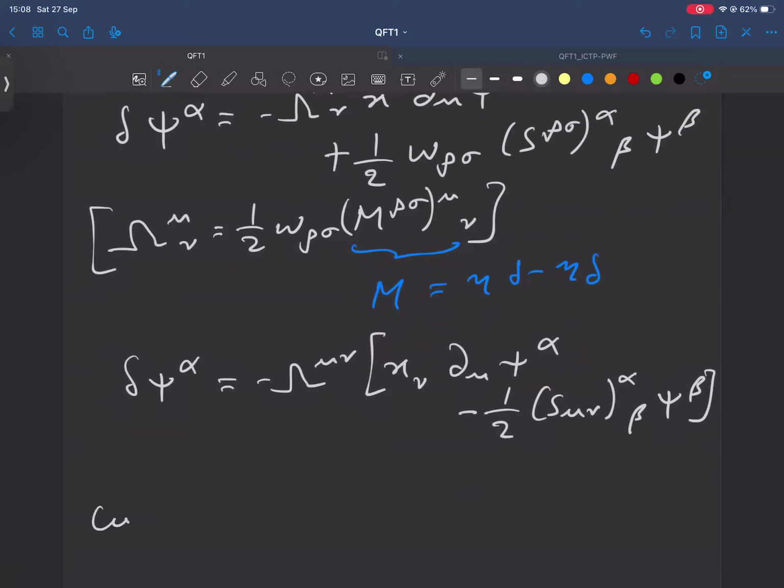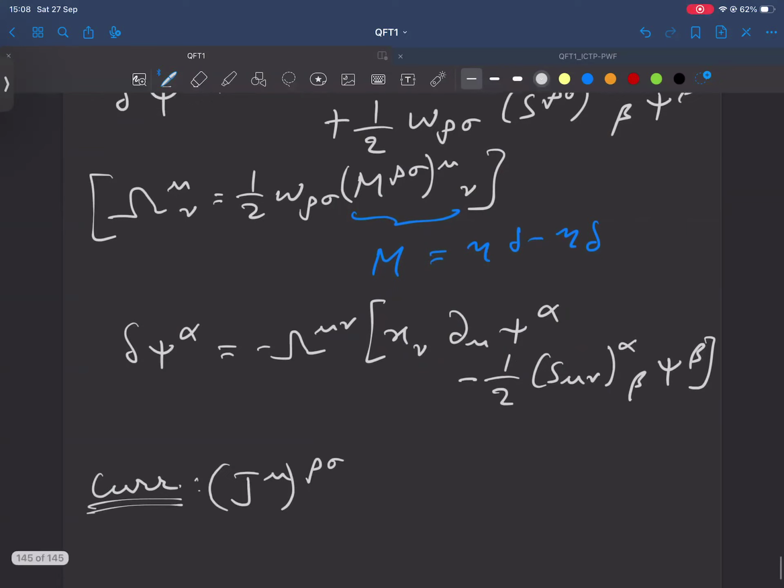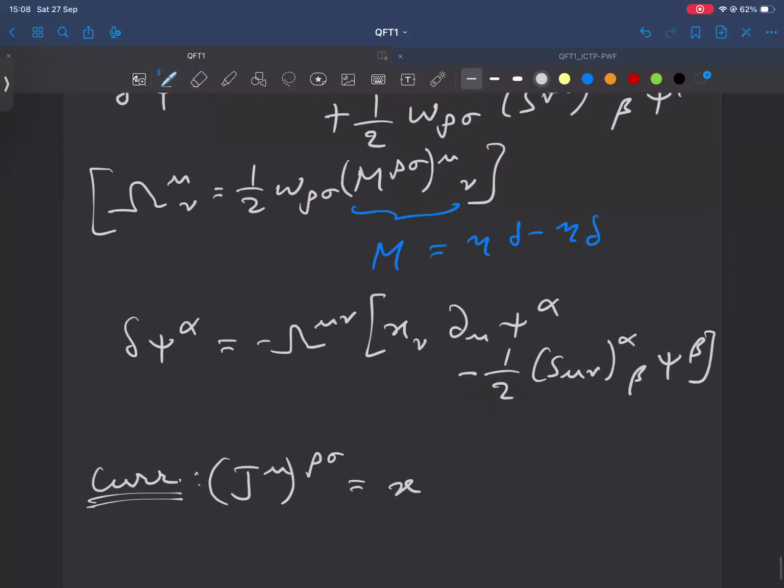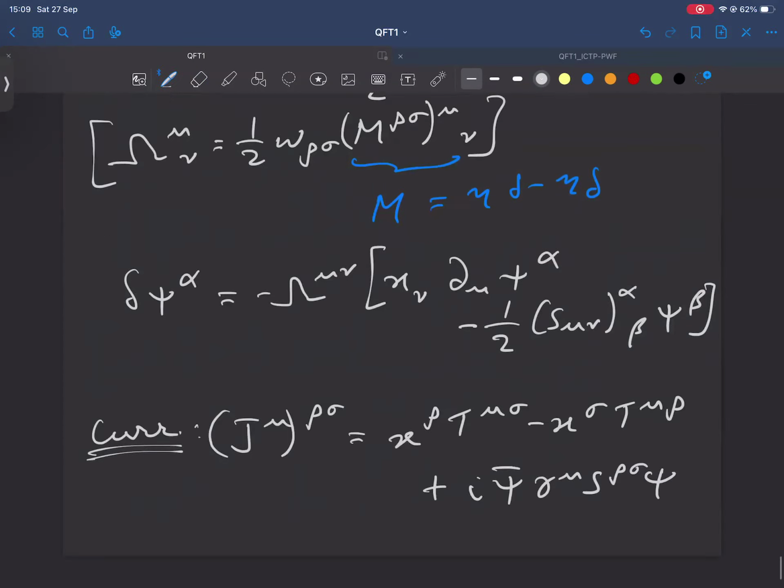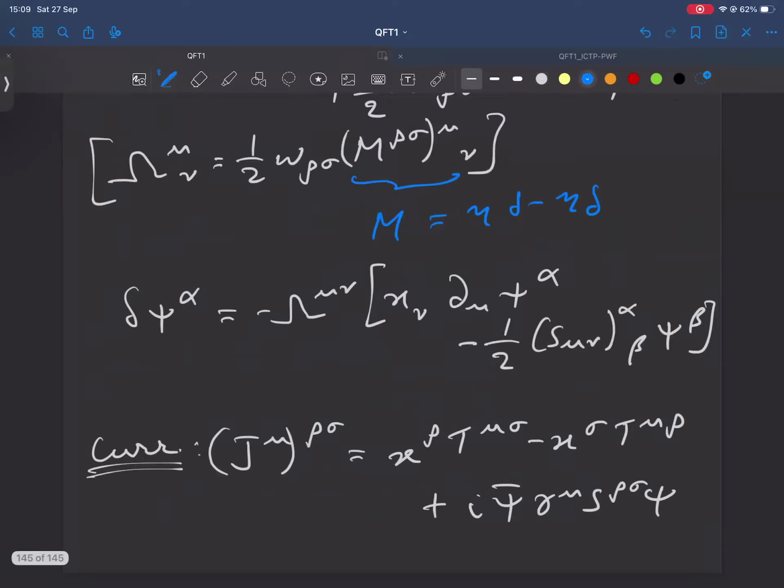And from this, the current that you will get will be very similar to what we got in the scalar field case. Remember there, the current associated to boosts and rotations was only this. But now you see that because of this S appearing everywhere, we will also have its appearance here. This S was built out of the Clifford generators.